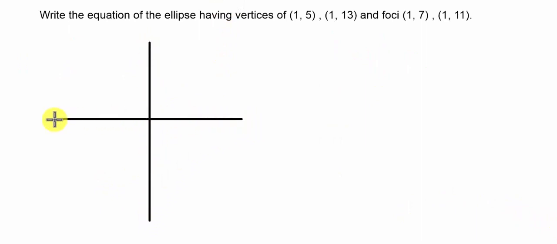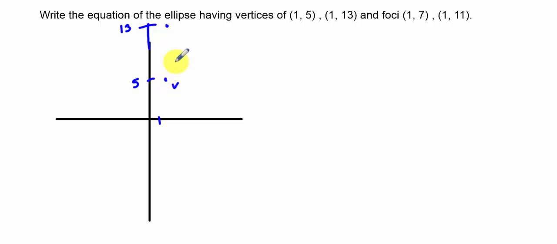This one's a little more complex. Let's go ahead and sketch that out as well. So at the point 1, 5, I have a value, and then up here at 13, let's call it, up here is 13, I have another value.